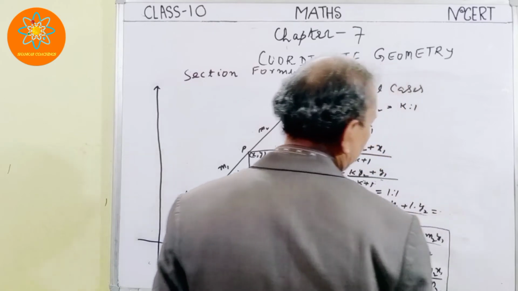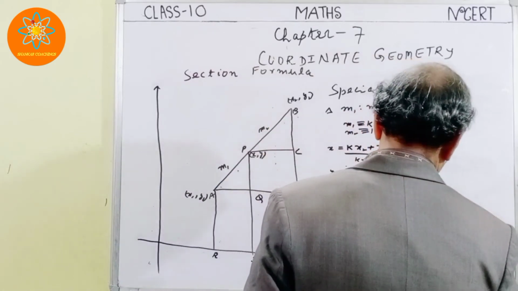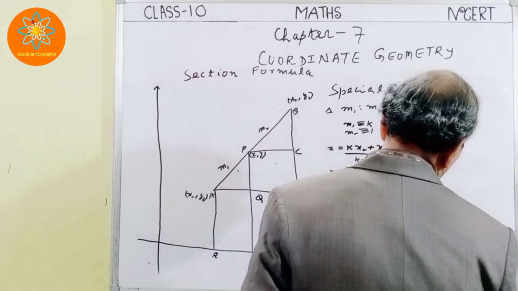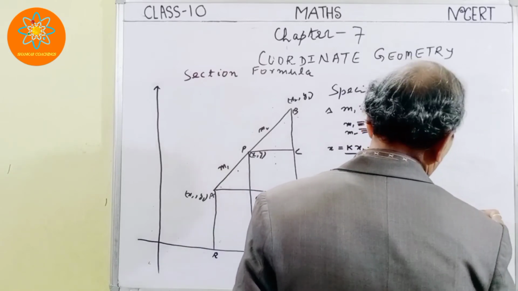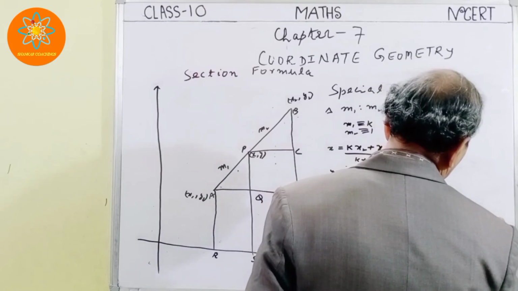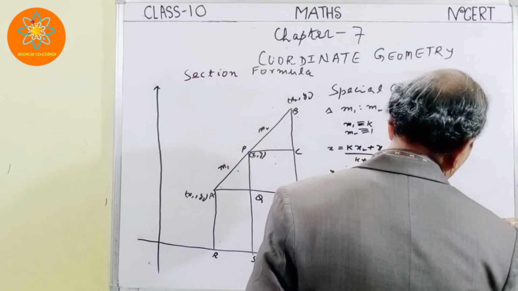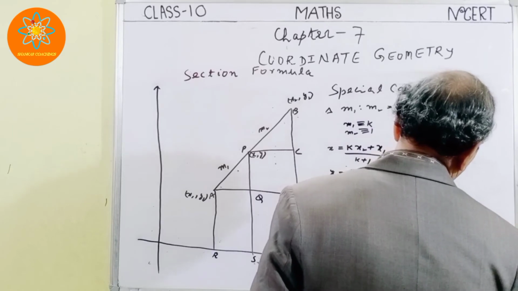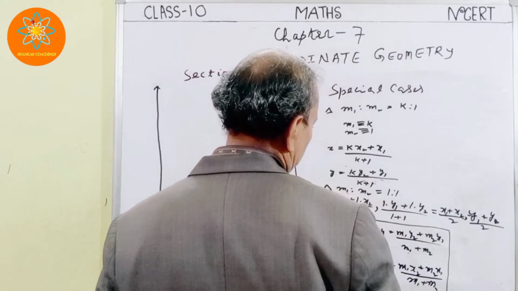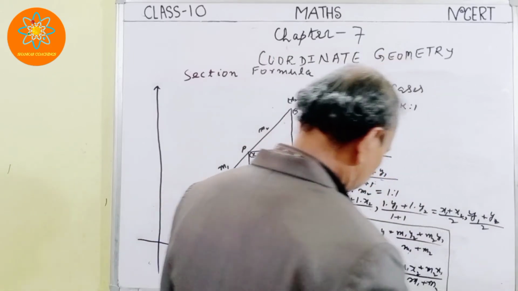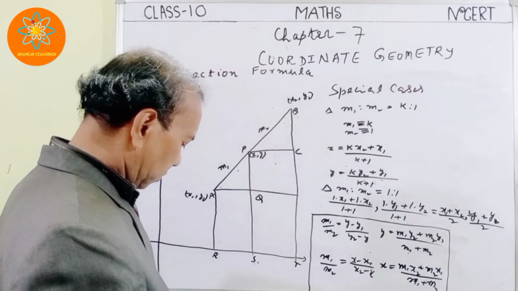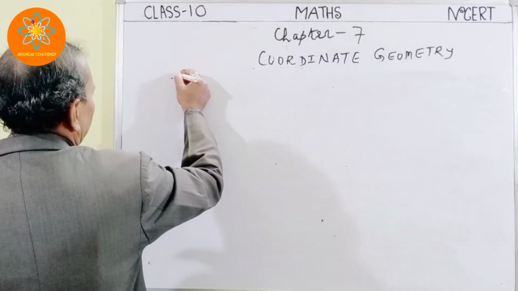So this is equal to (x1 plus x2) by 2 and (y1 plus y2) by 2. This is the midpoint formula.